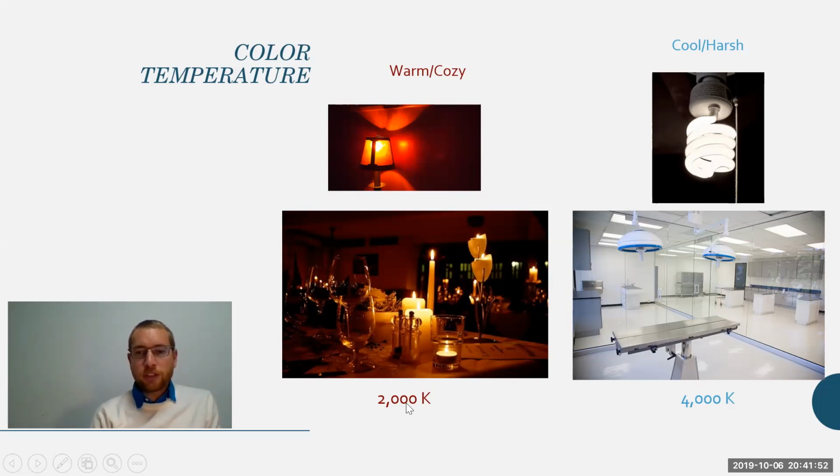So these temperatures are now printed on a lot of packages for light bulbs, so you can judge for yourself if it's going to be a warm or comfortable, like reddish light, as opposed to a cold or very high temperature, harsh, very bright white light.